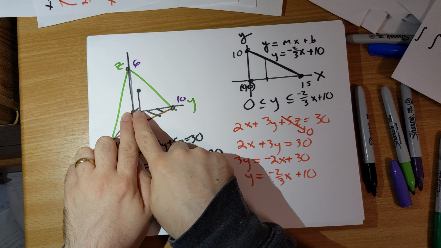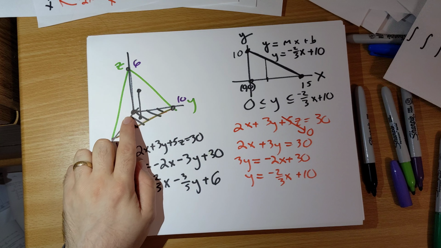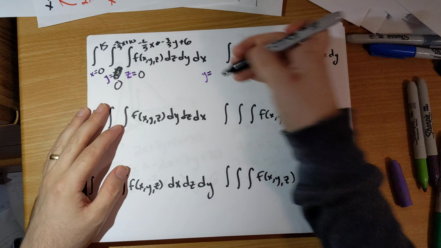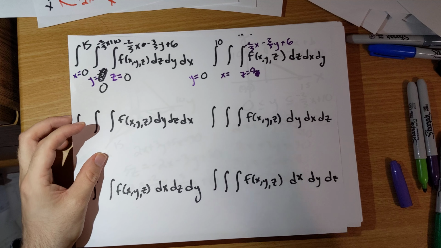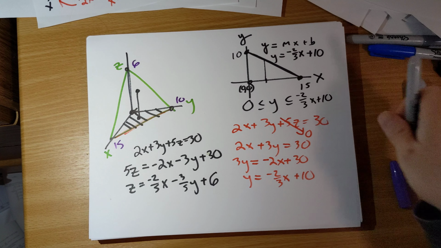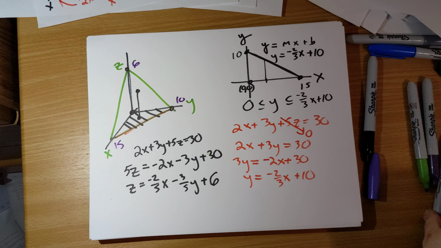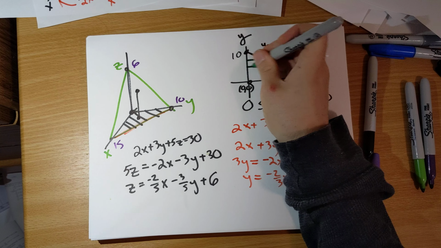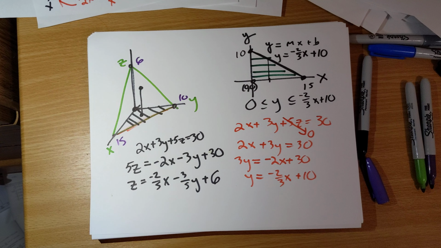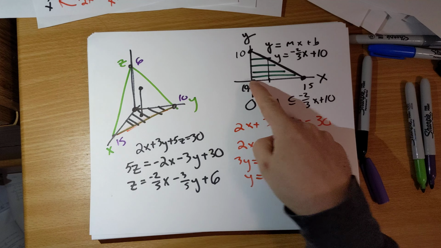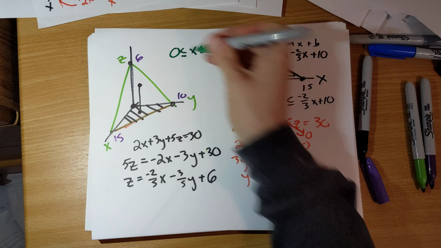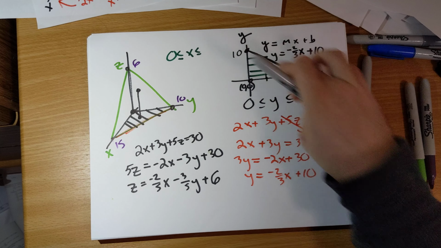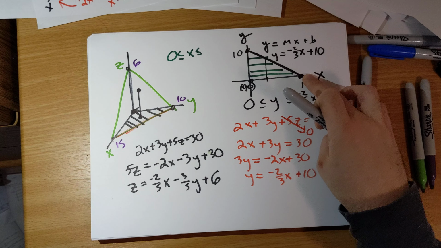What about y bounds here? Y can be anything from 0 to 10. And now we want x in terms of y. So I can reuse this picture here, but now I'm slicing it horizontally, not vertically. X runs here from 0 out to this line here.